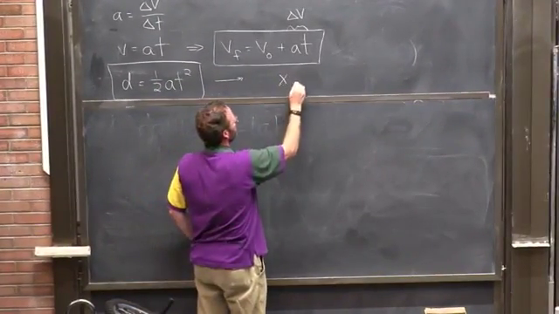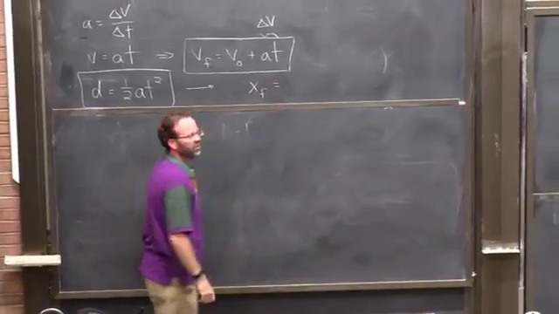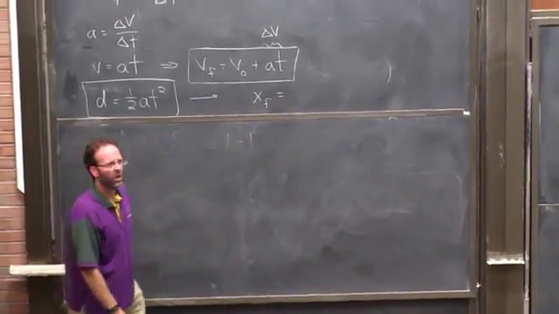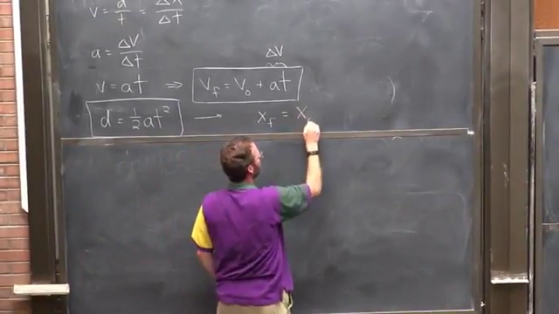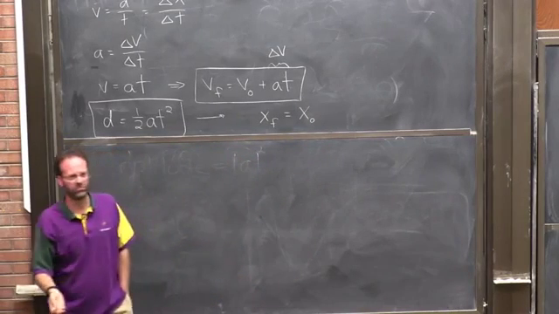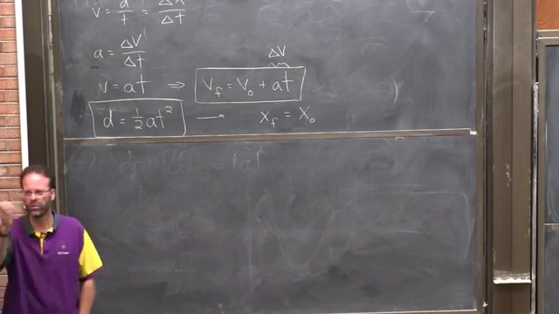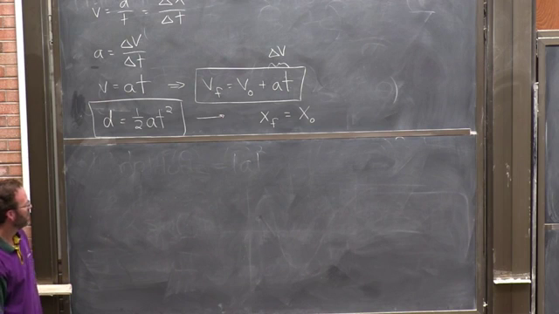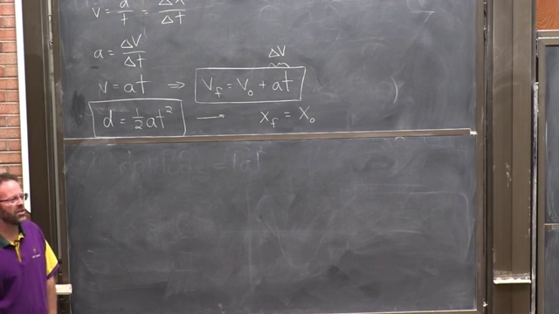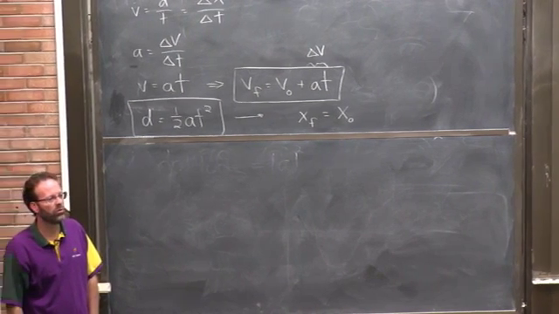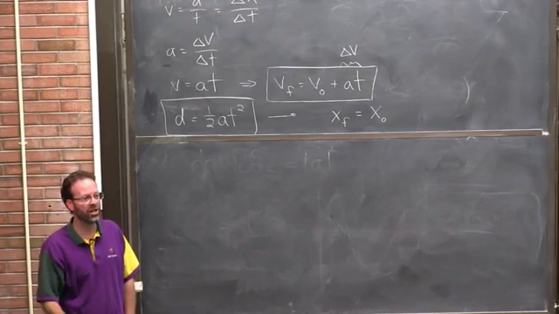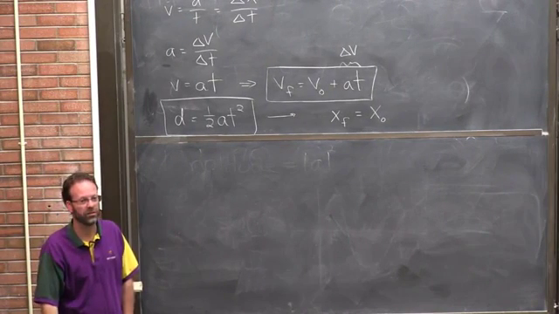Let's say it's the final position. You want to know where you end up? Well, it depends on where you started, your initial position at some distance x from a reference point. If you go a constant velocity, how much farther will you go? How will your position change if you go a constant velocity?